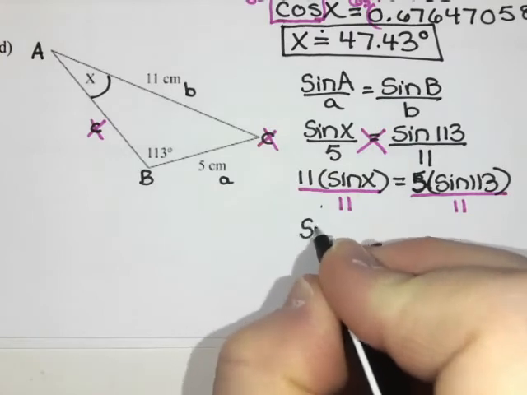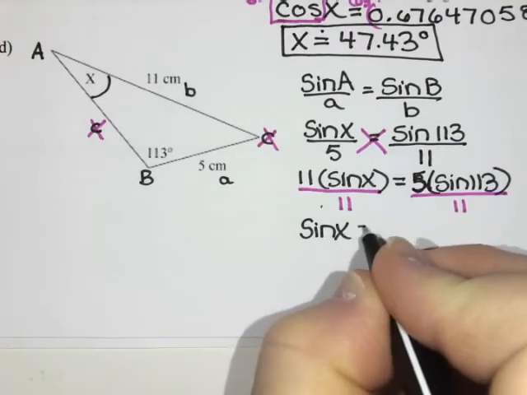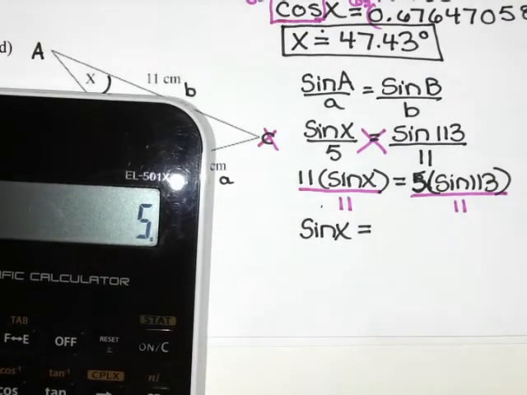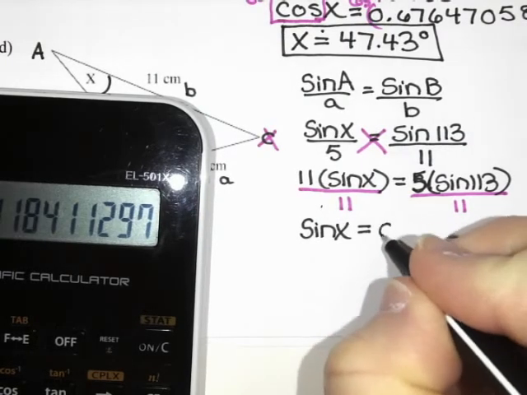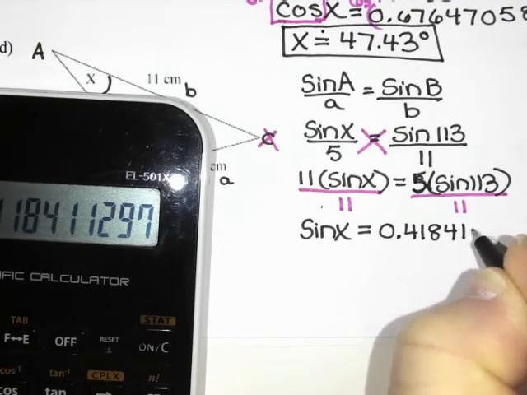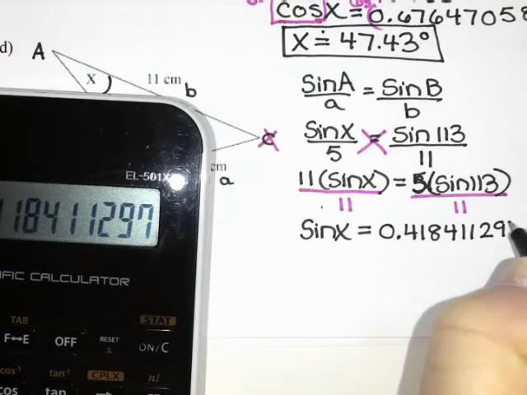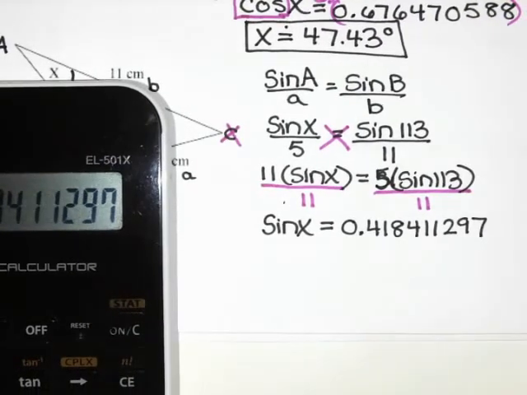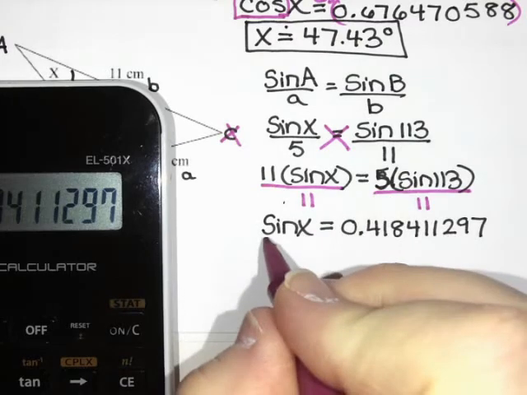So I get sine x equals 5 times sine of 113 divided by 11, which gives me 0.418411297.